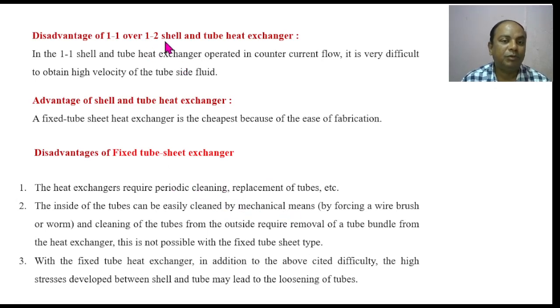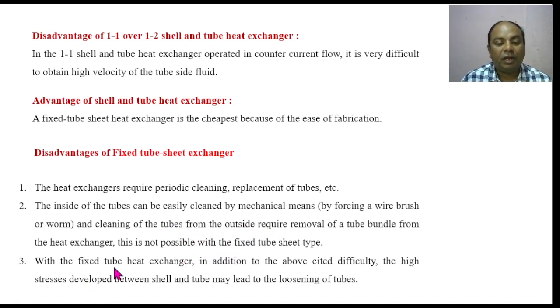But in a fixed tube sheet exchanger it is not possible, as the tube bundles are fixed in the tube sheet, which in turn is fixed to the shell, so it cannot be separated from the body of the shell and tube heat exchanger.